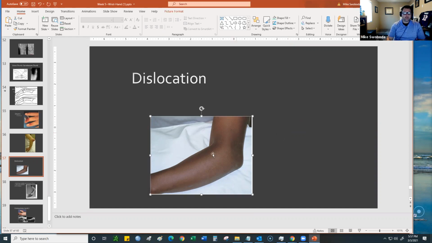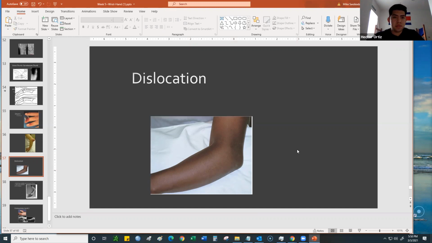So which one is this? Osteo. Why? Because it's just the bones out of place. You can see it, right?